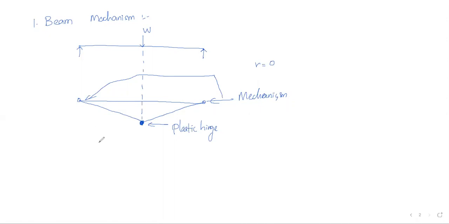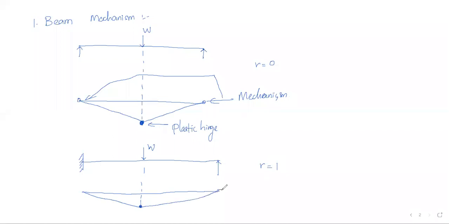Next, if it is propped cantilever, then the degree of indeterminacy value becomes 1. So here if the load is acting, it is like this.